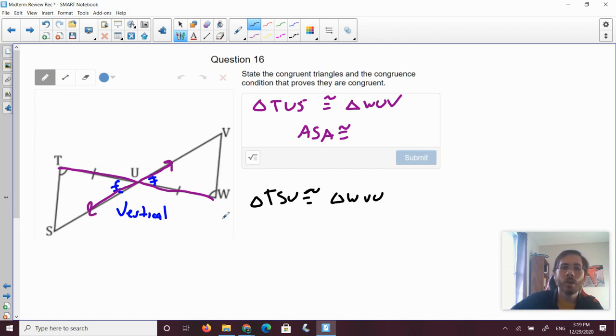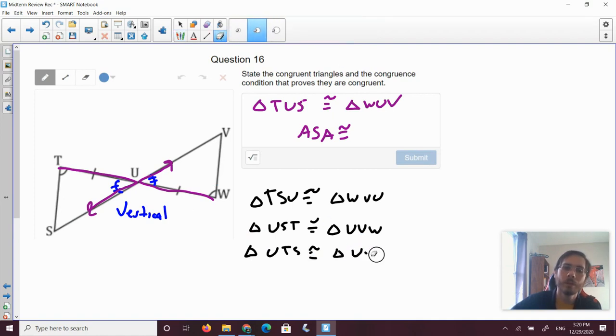If I wanted to start at U, I could start at U. So UST if I wanted to go this way. So I'm following the same order, so UVW. And if I wanted to go the other direction, UTS, UWV.